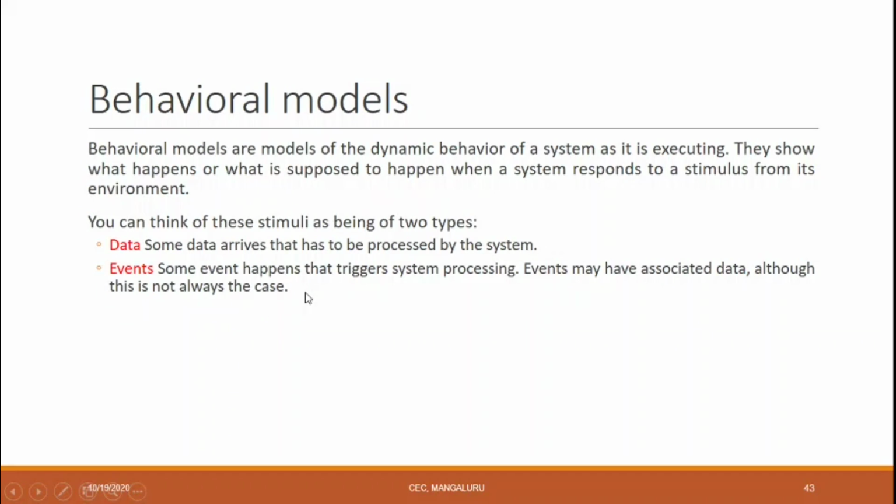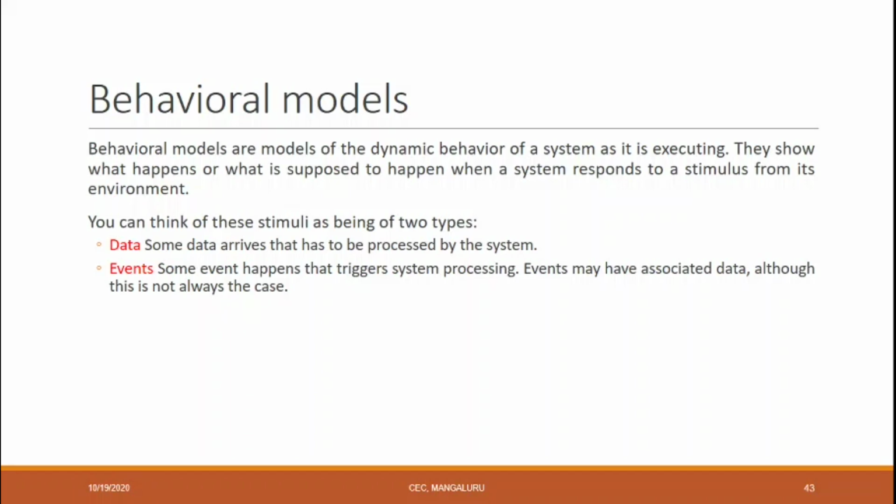So, behavioral models are models of the dynamic behavior of a system as it is executing. They show what happens or what is supposed to happen when a system responds to a stimulus from its environment. So, it is actually the dynamic behavior of the system.